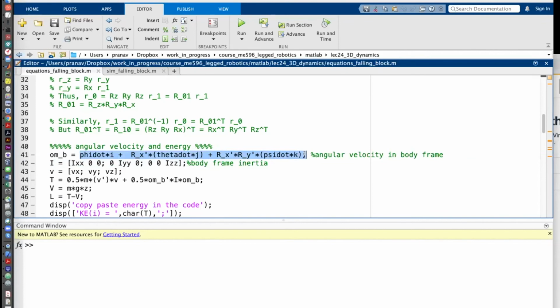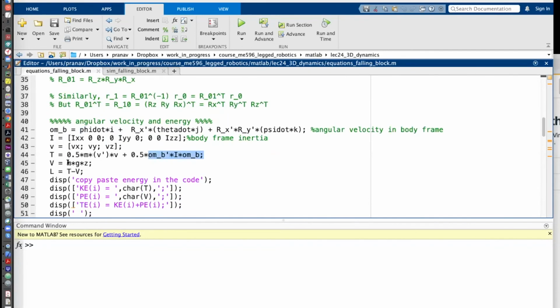I did not simplify it, or rather I simplified it in my notes, but I just made MATLAB simplify it. The inertia is, as I said, along the principal axes, so only the diagonal components will be non-zero. The velocity in global frame, the total energy, which is V transpose times V, and this omega B transpose times I omega, and then the potential energy.